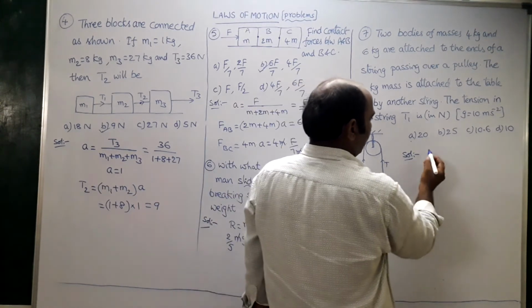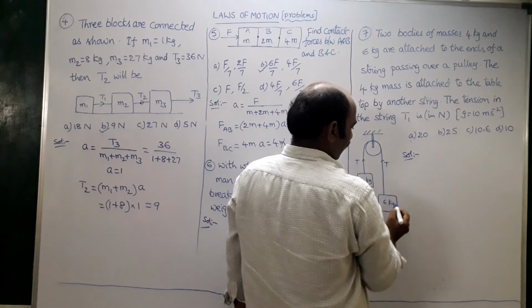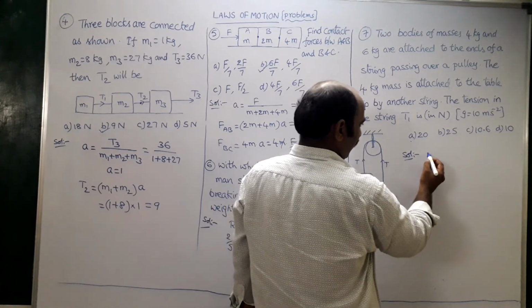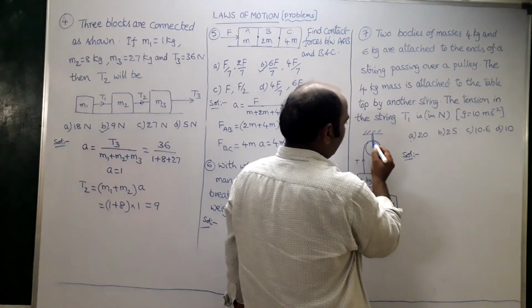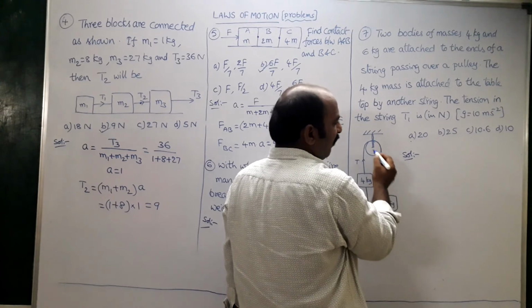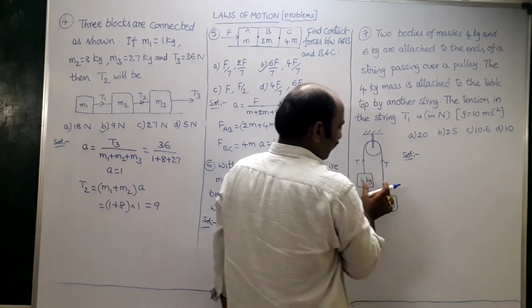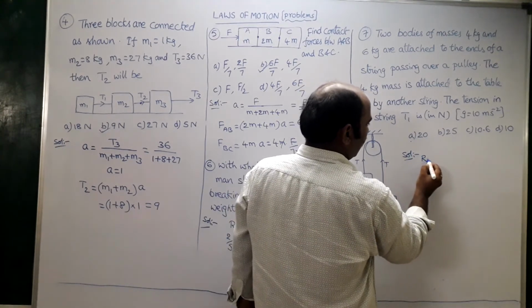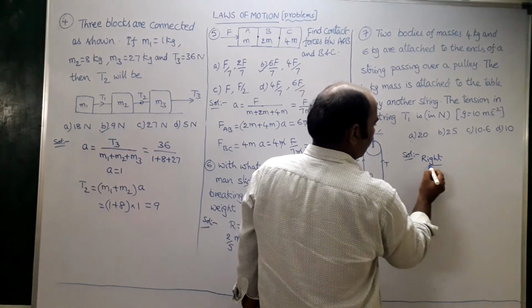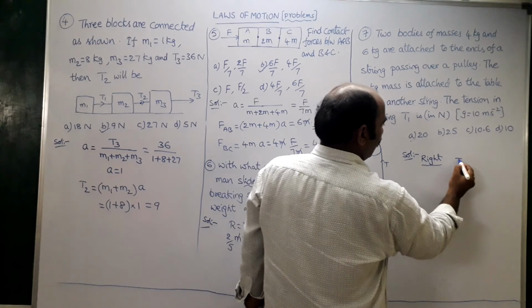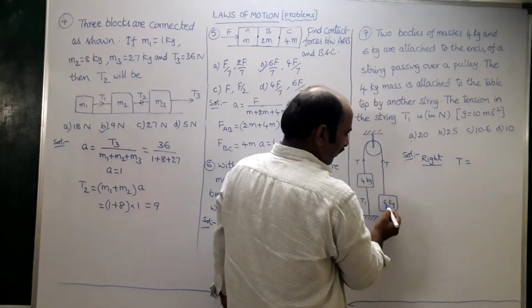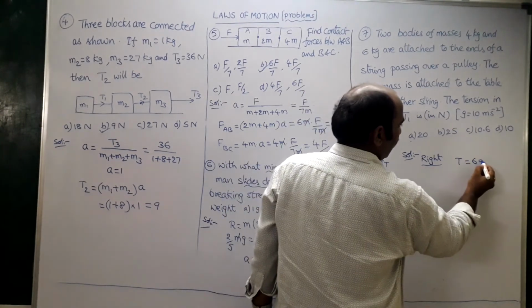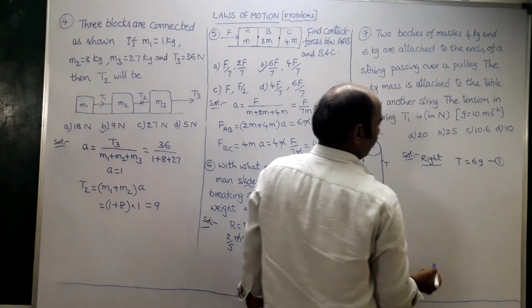First, right side. Here consider the system is in equilibrium. That means the system is at rest. So we write the right side first as T is equal to mg. m means 6 into g here. So this is the first equation.